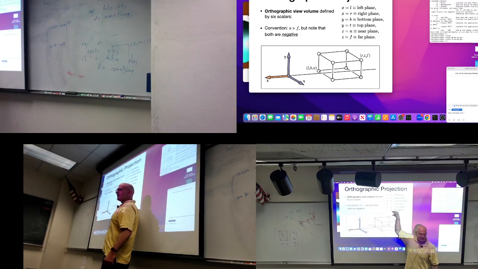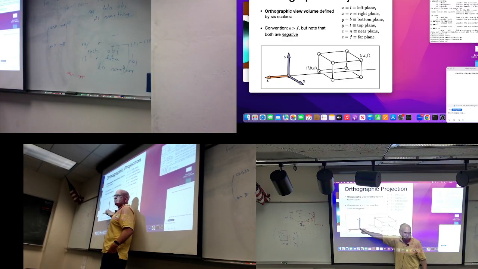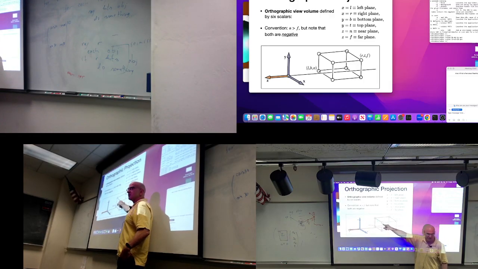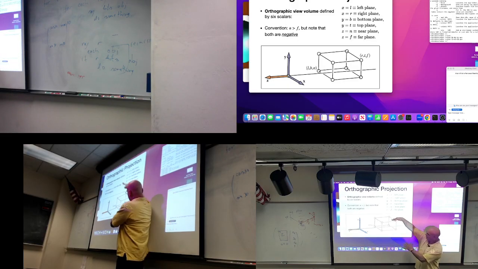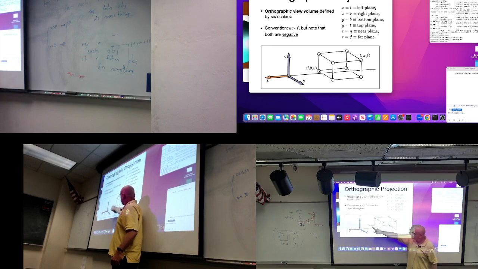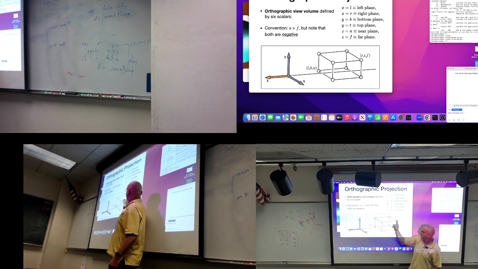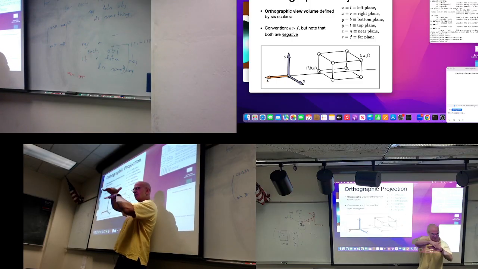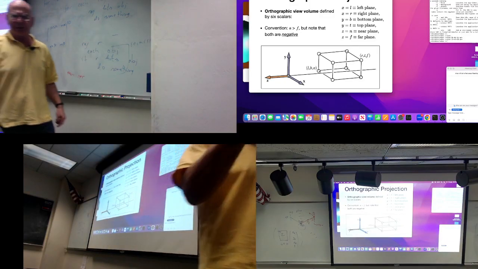You already translated the world, so the camera is at 0, 0, 0. You already rotated everything, so the directions are parallel to the XYZ. You now just need to scale things. And you can assume that to start with, it's the lower left near and the right top far away. And as we said, scaling to put it in the -1 to 1 range.